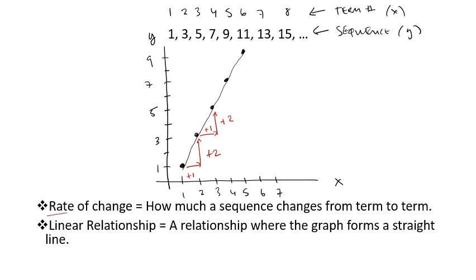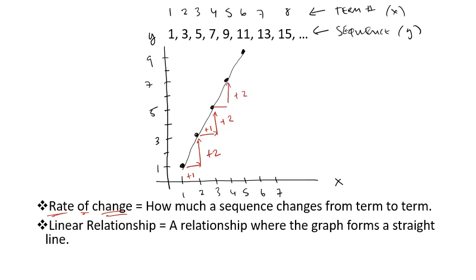But for right now, I want you to really think about this as a rate of change. It's how much the sequence is changing as we move from consecutive term to consecutive term. We'll look at larger rates of change later on, but for right now, I just want you to appreciate that as we move from one term to another term, we have this change.